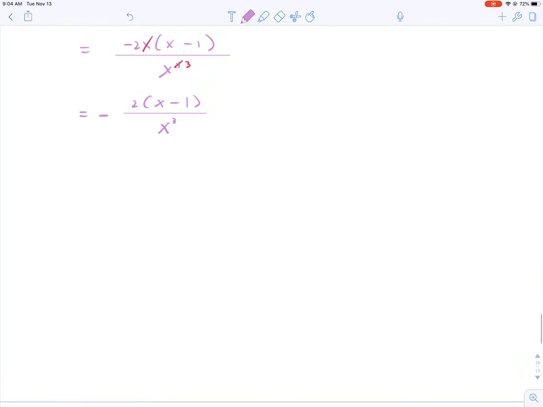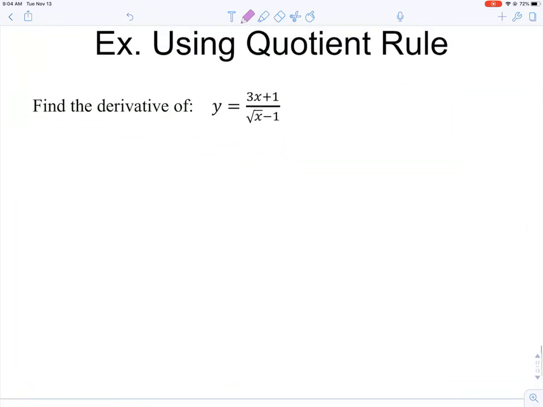Okay, so we'll do one more example with quotient rule. So before I apply quotient rule to find the derivative here, I'm going to rewrite the denominator as x to the 1/2 minus 1.